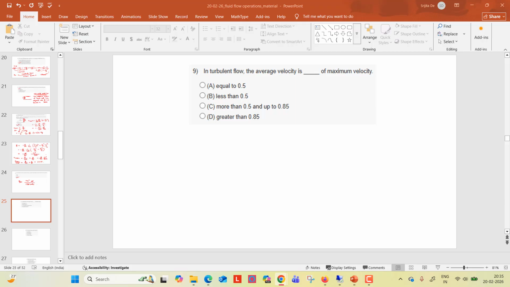In turbulent flow, the average velocity is what of maximum velocity?